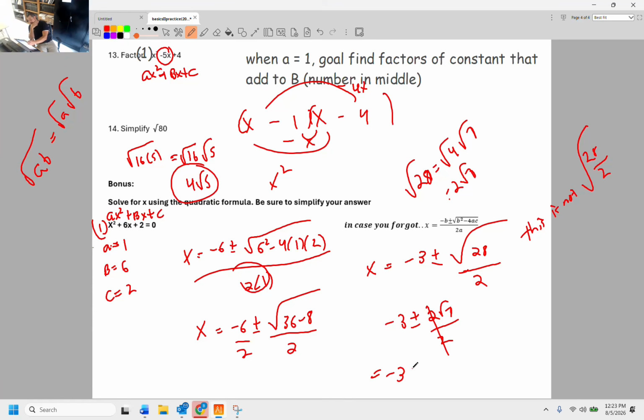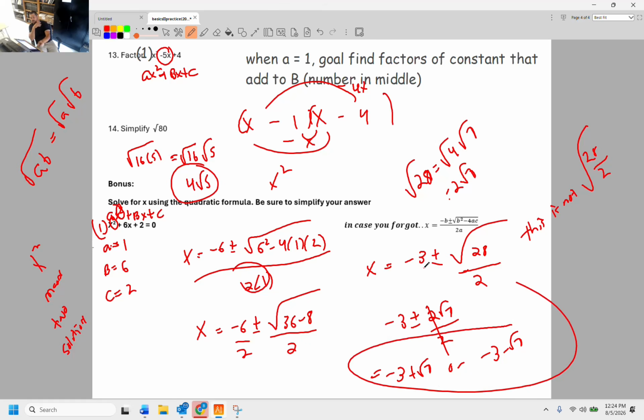I have negative 3 plus the root of 7, or negative 3 minus the root of 7. You see how it had x squared? X squared means 2 solutions, or none. Could be imaginary. Well, it means 2, 1, or none. Let me rephrase it that way. And there's your 2 answers.